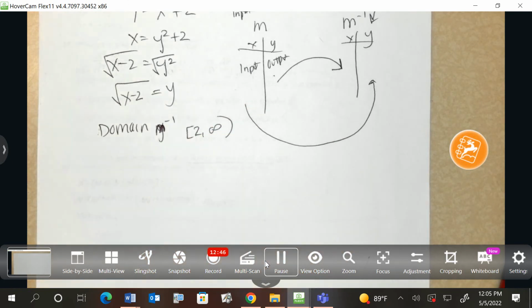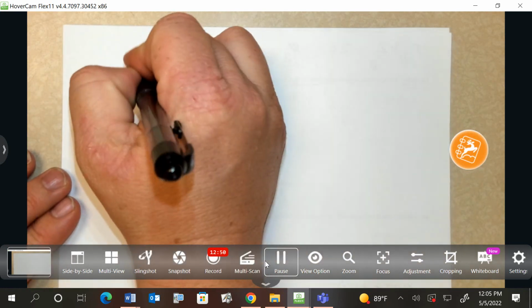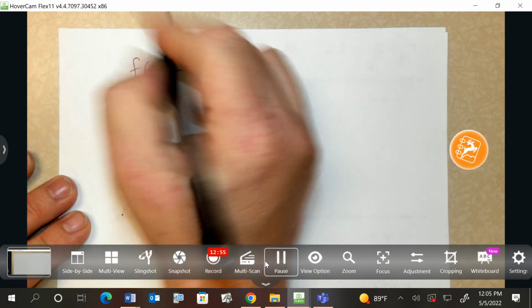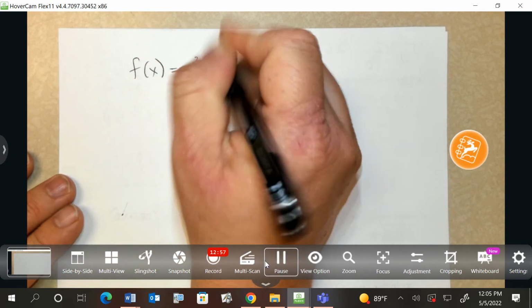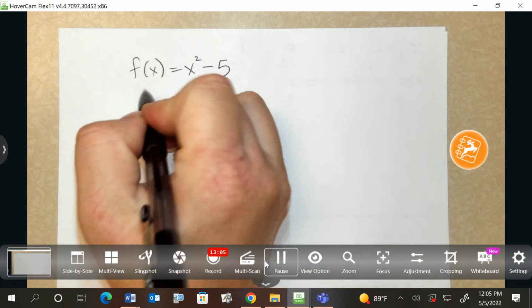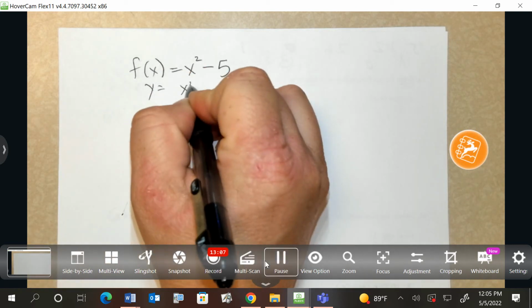Okay, let's practice another one like it. So f of x equals x squared minus 5. Let's do the same thing. Let's figure out the inverse, and then let's figure out the domain of the inverse. So here's y equals x squared minus 5.